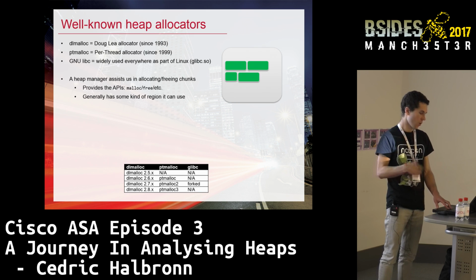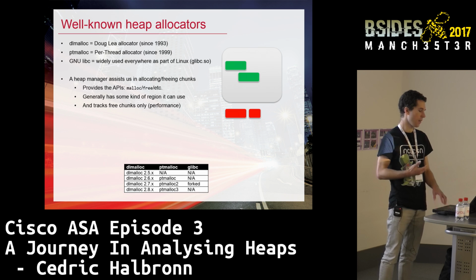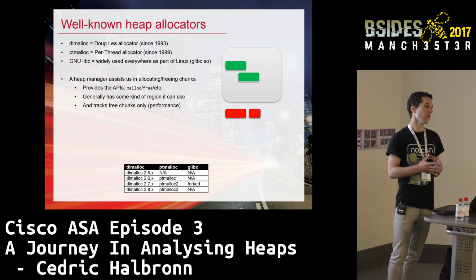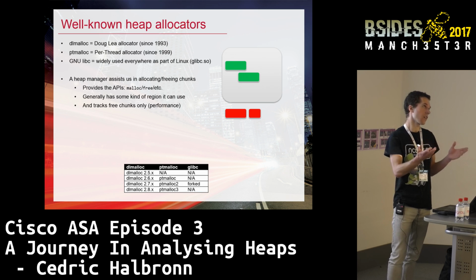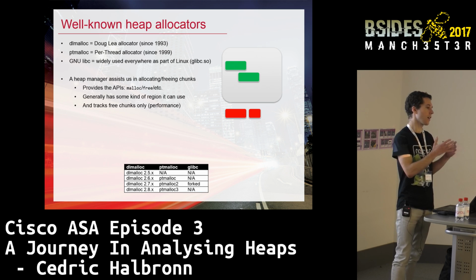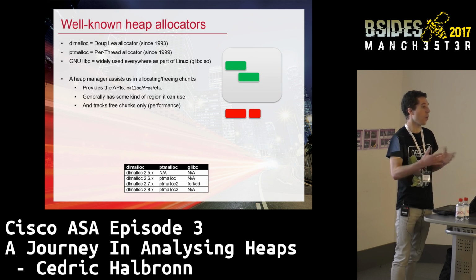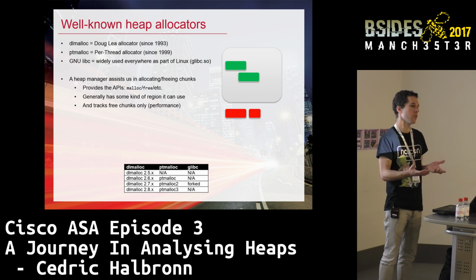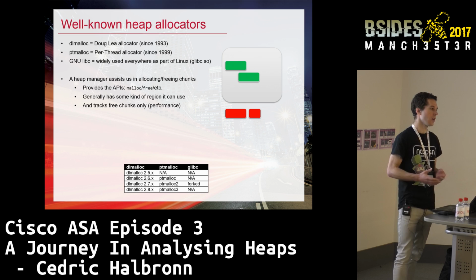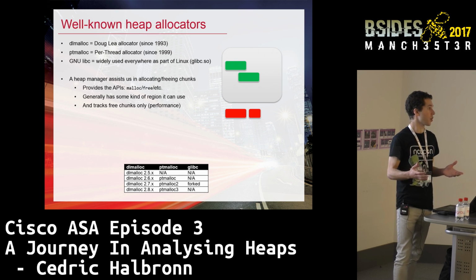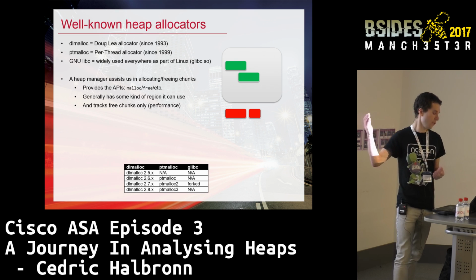And when we don't want it anymore, we call free and the heap allocator knows it can retrieve it for another use. There are actually three strategies: it could track free chunks, allocated chunks, or both. But for performance reasons, usually the heap allocator only tracks free chunks.